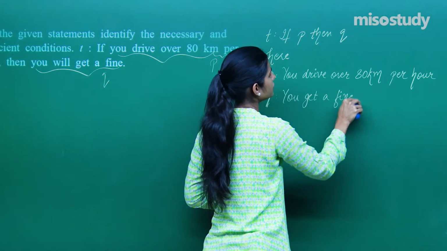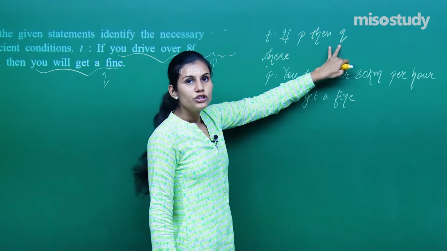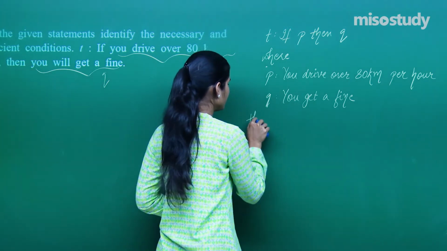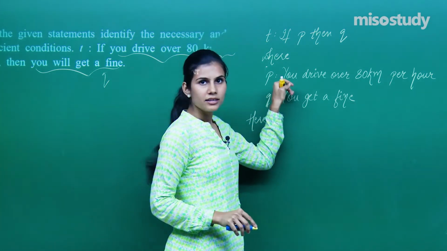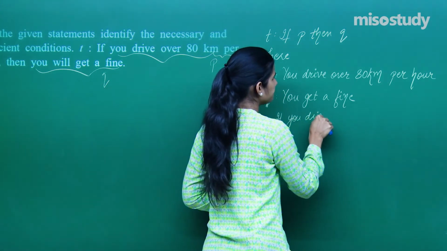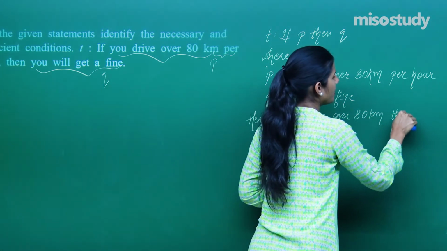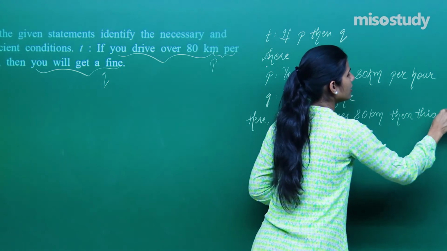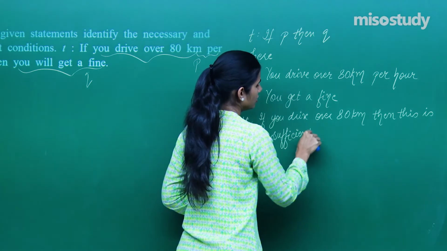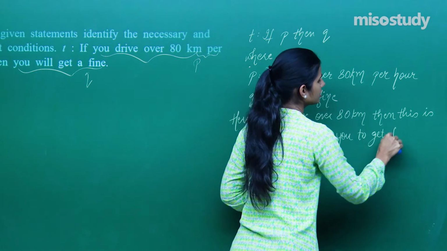Write the necessary and sufficient condition. You know that in the statement if P then Q, Q happens to be the necessary condition and P happens to be the sufficient condition. Why? I am saying if you drive over 80 kilometers, then this is sufficient for you to get a fine, right?